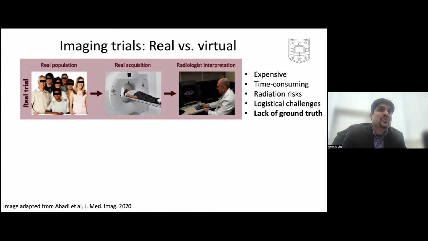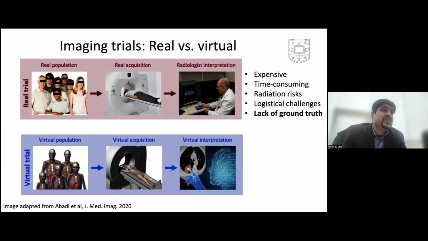So that brings us to being able to do this in a virtual setting. Where you have a virtual population, you take a set of patients who are clinically representative and represent the kind of population that would be imaged with these therapies. You do virtual acquisition, so everything happens in the lab. You don't have to take this virtual patient to any scanner.